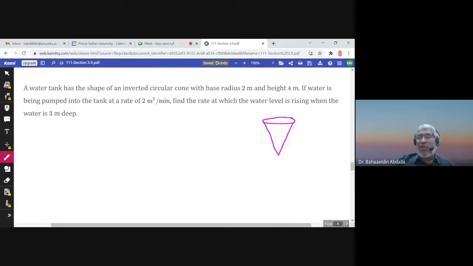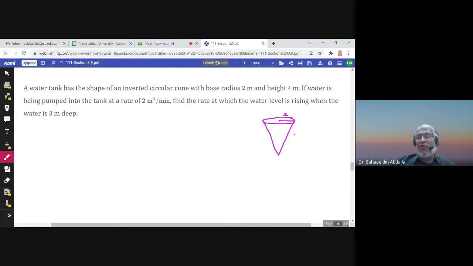Circular because the base is a circle, with base radius 2 meter. So the distance from here to here, that's the radius of the cone, and it is 2 meter.